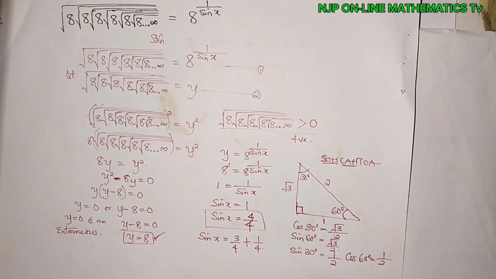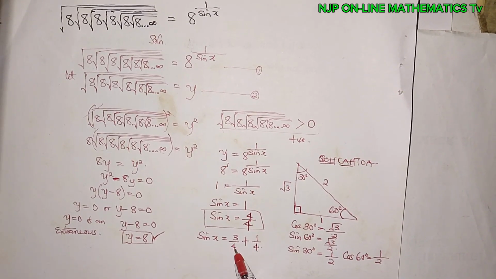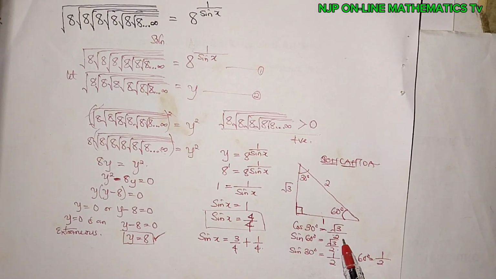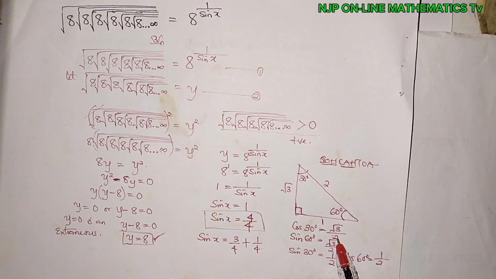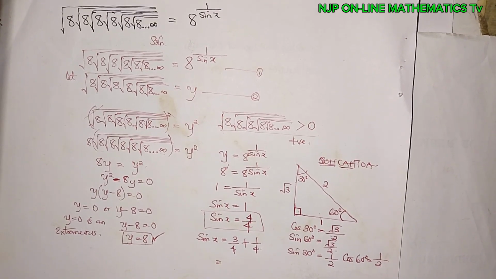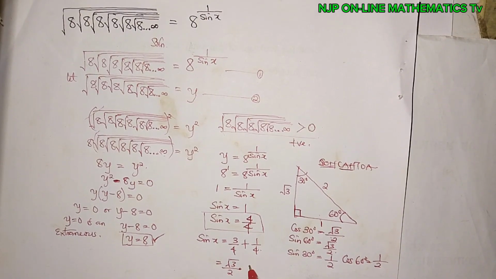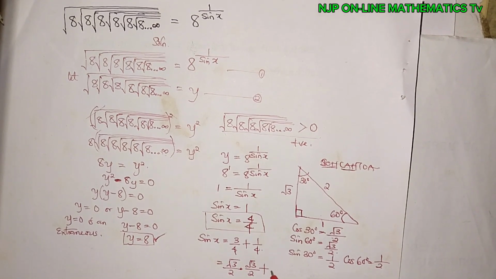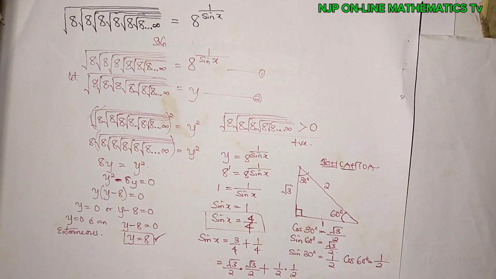We can relate this to the trigonometric functions: if we multiply root 3 by root 3, we get 3, and if we multiply 2 by 2, we get 4. So we can express this as root 3 divided by 2 multiplied by root 3 divided by 2, plus 1 divided by 2 multiplied by 1 divided by 2.